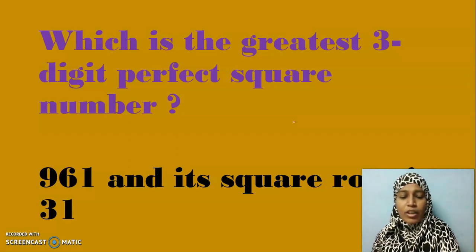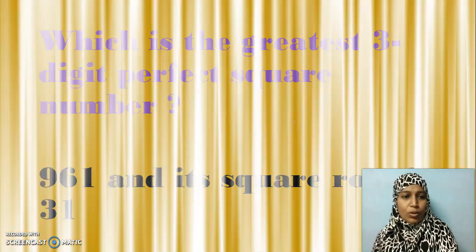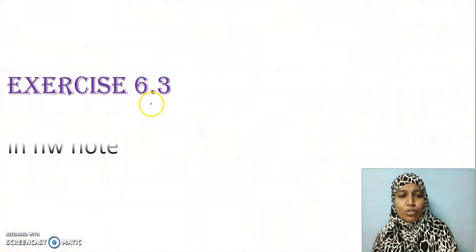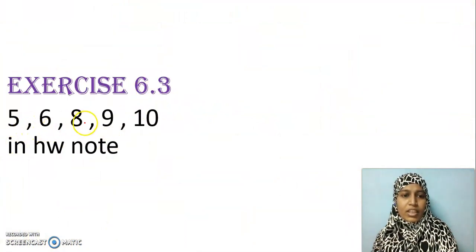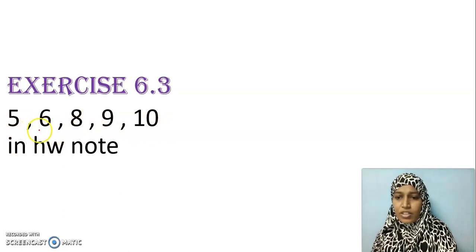Now let us see the activities that we have to do for today's work. In exercise 6.3, you have to do problems 5, 6, 8, 9 and 10. In 5 and 6 you will have more subdivisions, children. You can do any 4 subdivisions. That's more than enough. And 8, 9, 10 are word problems like those we have seen in today's video.